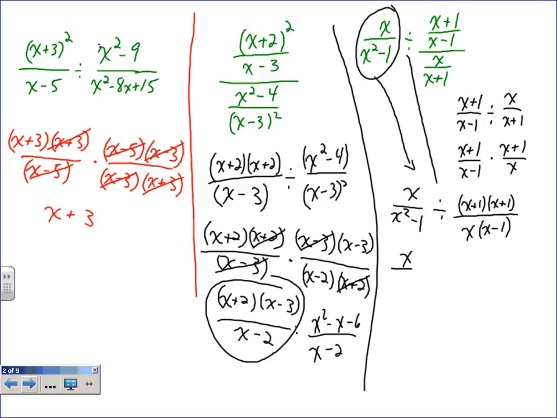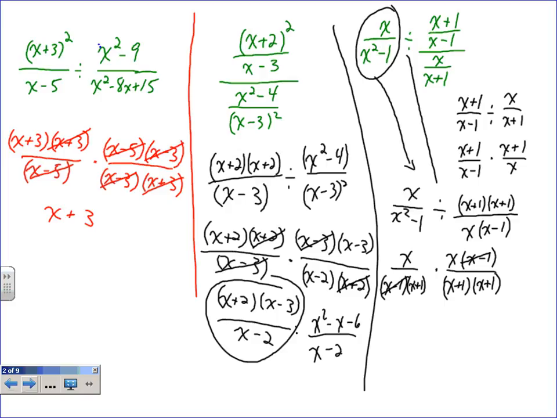So I have x over (x minus 1)(x plus 1) times x times (x minus 1) over (x plus 1)(x plus 1). Looks like the x minus 1s will cancel. Gosh, does anything else cancel out? No. You tried to trick me here, I think.